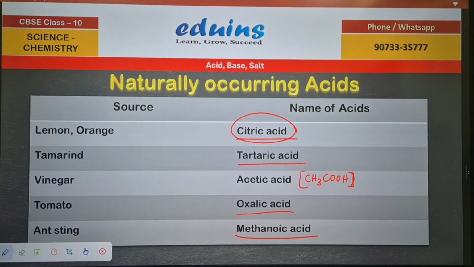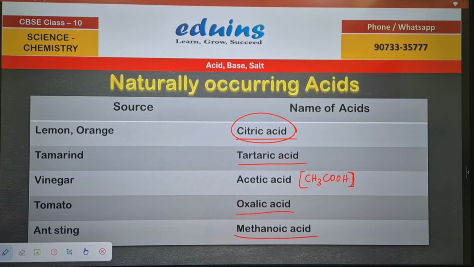Clear? Clear to all of you? Is it clear?